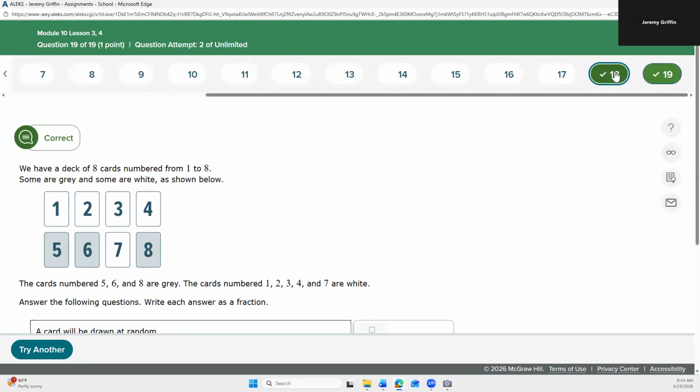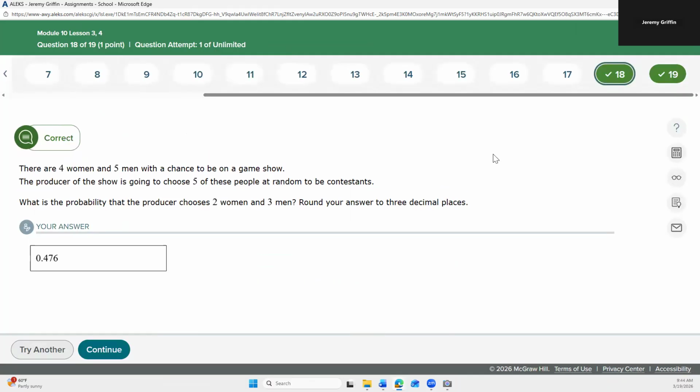One more I want to do with you guys here. This one's a little trickier. Number 18. There are 4 women and 5 men chosen for a game with a chance to be on the game show. The producer is going to choose 5 of these people at random. What's the probability that he ends up choosing 2 women and 3 men?